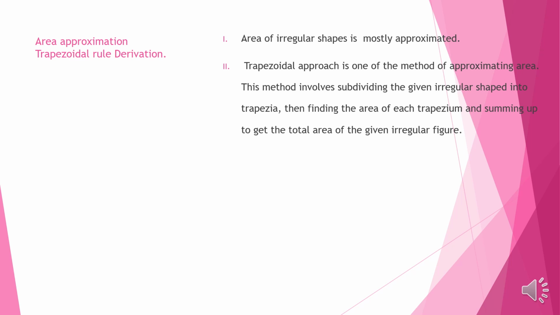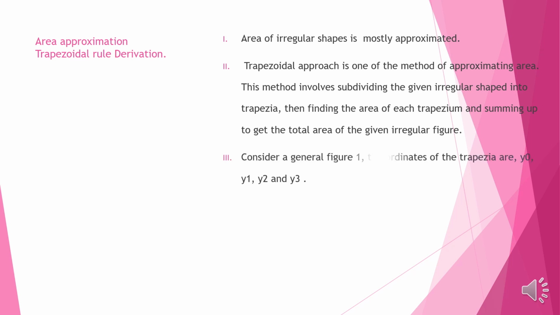A trapezoidal approach is a method of approximation, and this method mostly involves a division of a given irregular shape into trapezia, then finding the area of each of those trapezia, then summing up and getting the total area of that given irregular object.